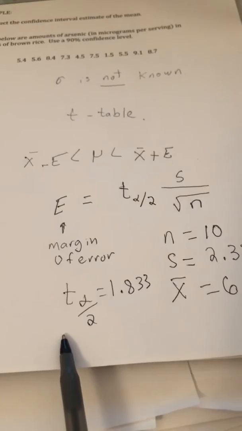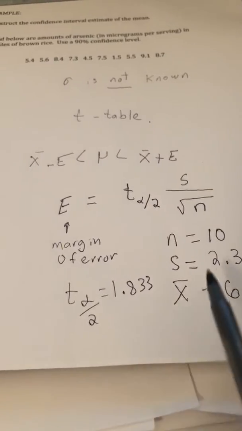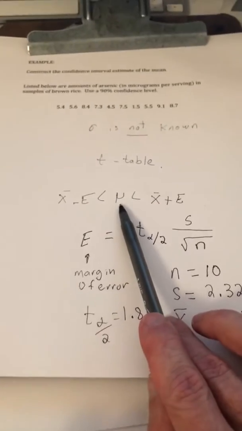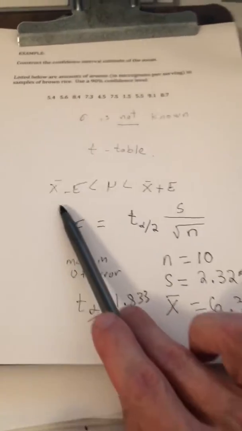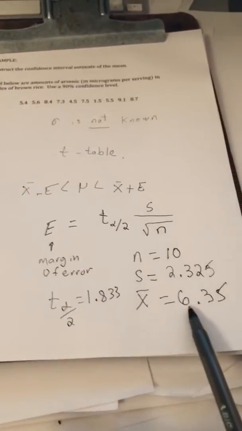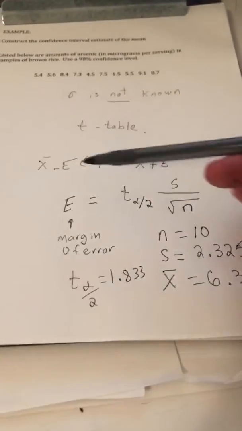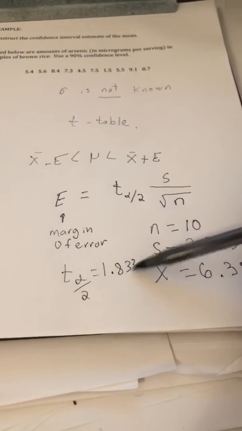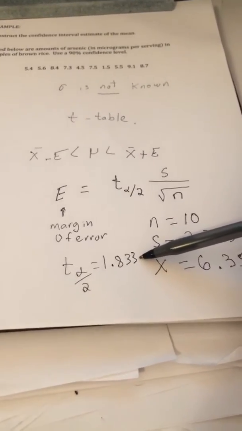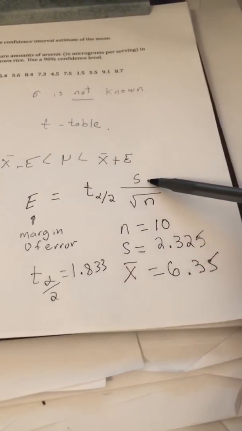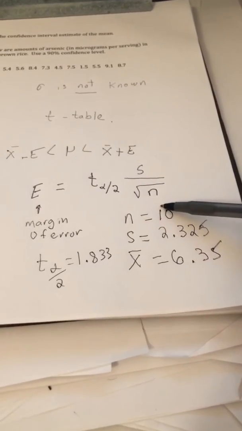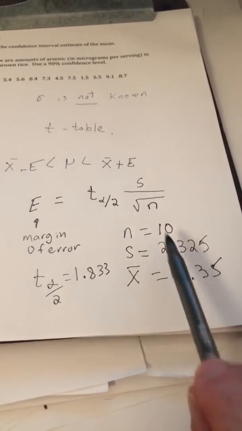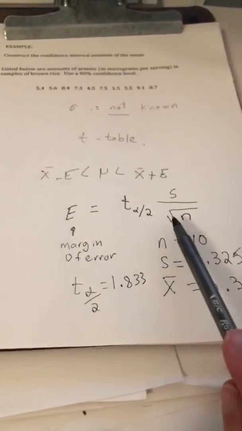So what we have to do now is plug all of this in. Okay, I'm trying to find a confidence interval for the mean. x bar is 6.35. E is going to be this number, which is 1.833, times s over the square root of n, where s is 2.325 and n, of course, is 10.